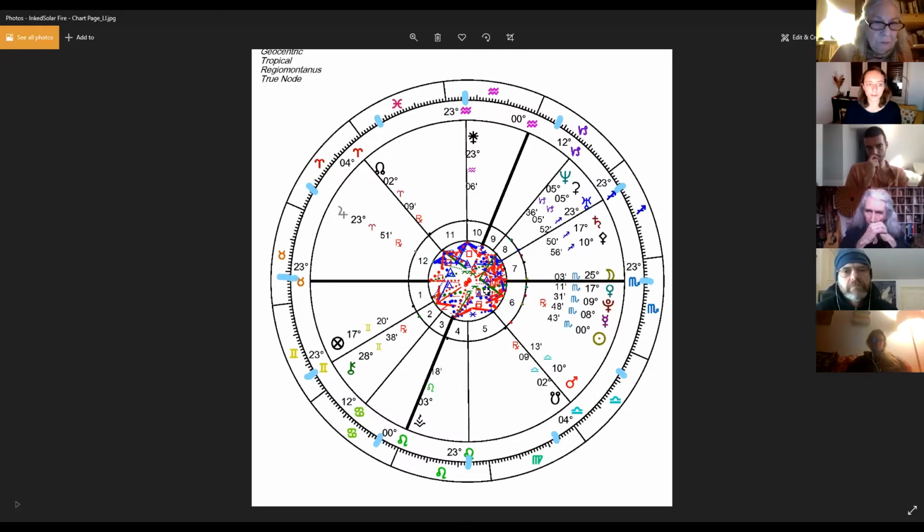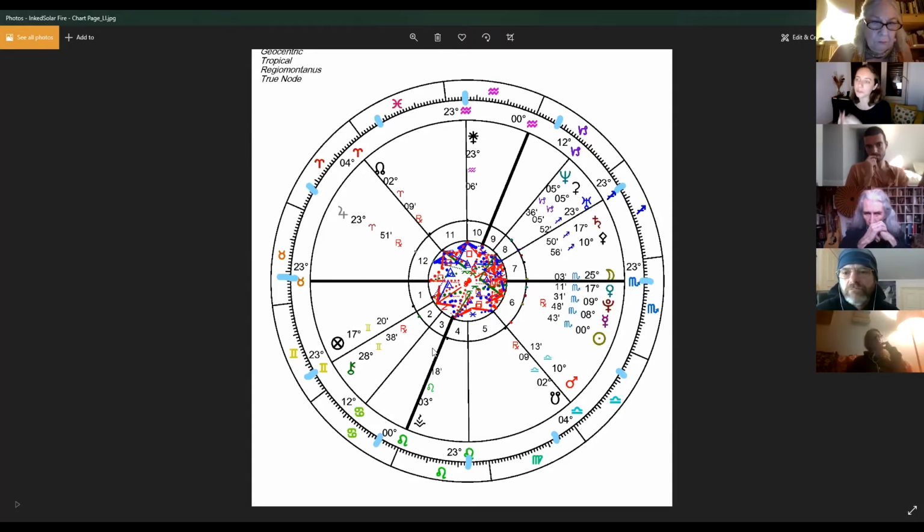Starting with year 1, and I think of that as early childhood, formative years of childhood. We are here between the 23rd degree of Taurus and the 23rd degree of Gemini. And if we go back to the chart, we can see that here, this is the entirety of my first house.